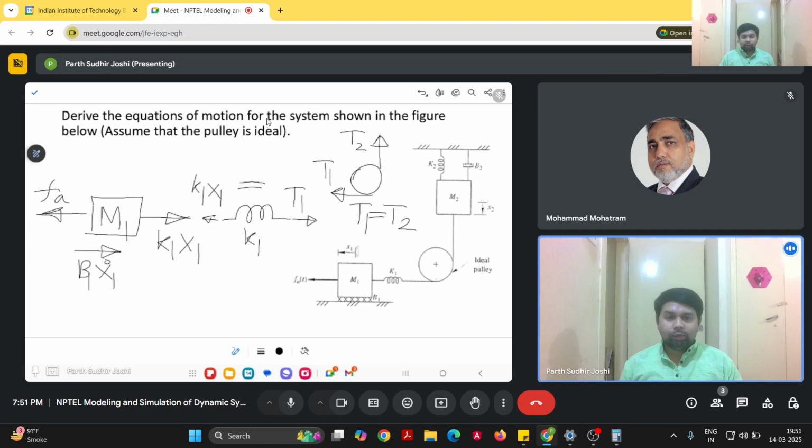Also, because it is massless, there is no mechanical energy being carried by the pulley as such. And because it is frictionless, the tensions on both ends will be equal.